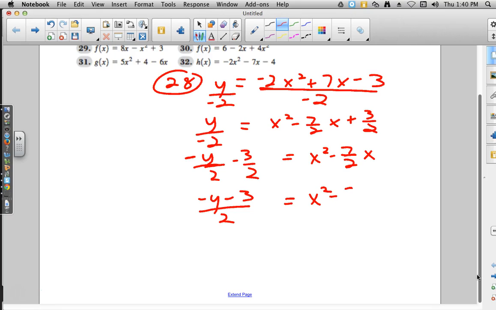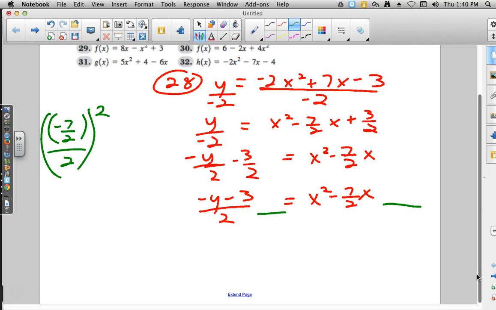And on the other side, we of course are going to be looking for that c value that will complete the square. So we have negative 7/2 divided by 2 squared, but as I talked about in the last problem, really what we're going to do when we have the fractions is we're going to multiply by the reciprocal, which will be 1/2.